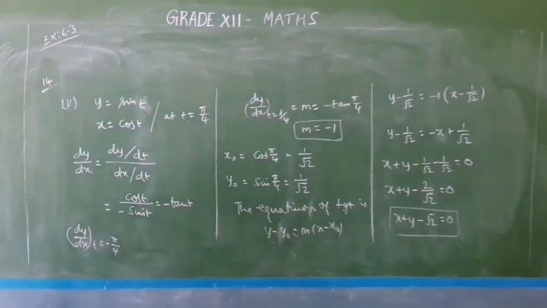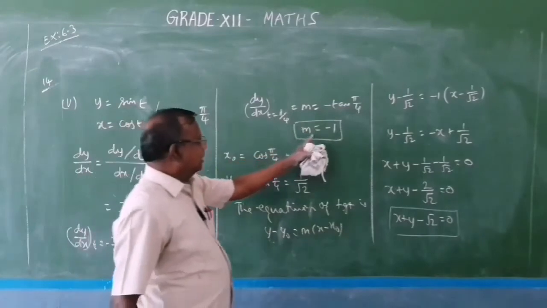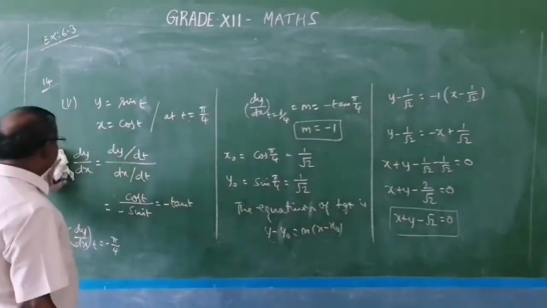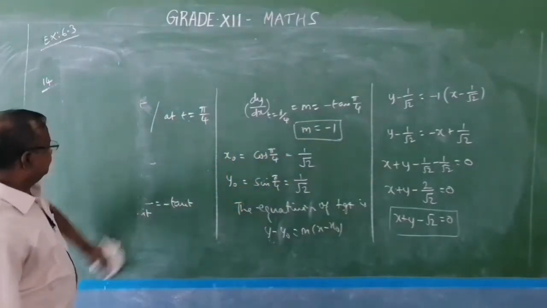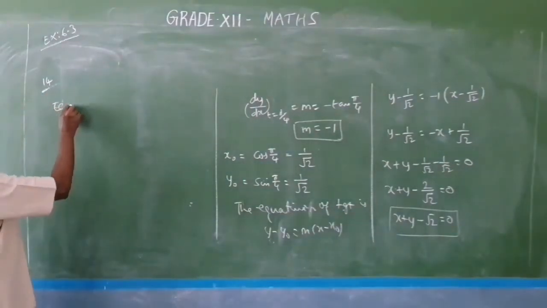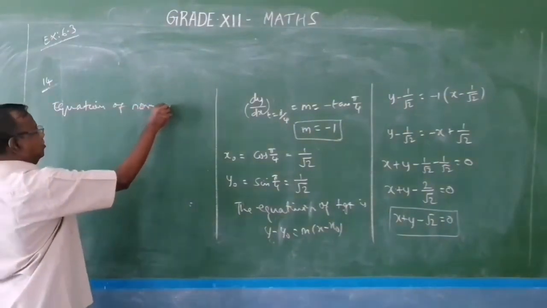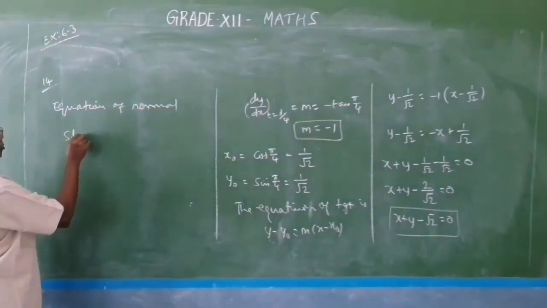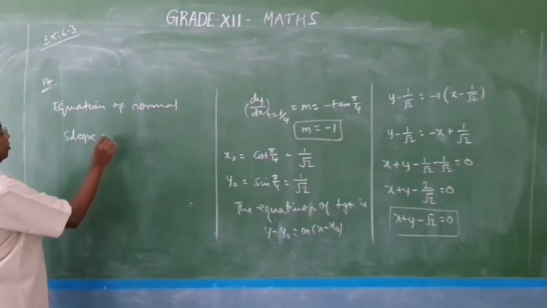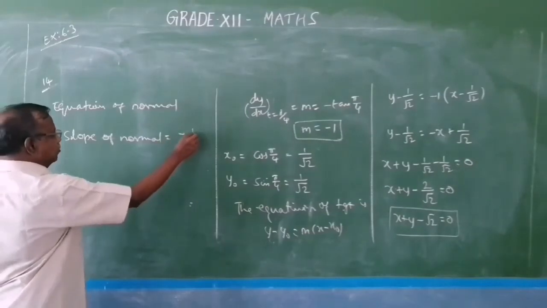Now for the equation of normal, you have to substitute the minus 1 by m. First, slope of normal equal to minus 1 by m.